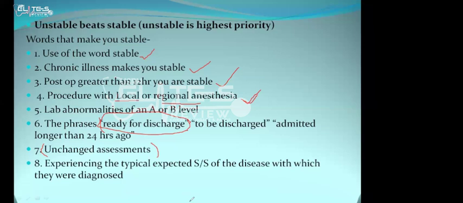Then the last point here on this slide: experiencing the typical expected signs and symptoms of the disease with which they were diagnosed. When I was giving the example pertaining to pulmonary edema, you remember what I said? When you are dealing with pulmonary edema, you know that definitely they will have difficulty breathing.